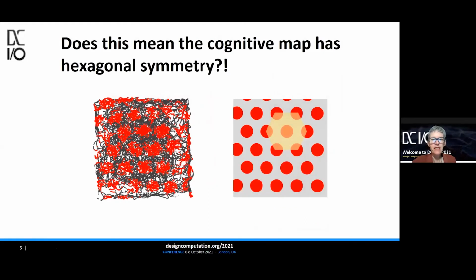And the thing that was immediately noticed is that there's a kind of hexagonal symmetry to the pattern. So this is a pattern that's well known in mathematics called hexagonal close packed. And it's the pattern that you get if you try and fit round things as closely as possible together. They will arrange themselves into this very orderly arrangement where each of the units, whatever it is, a tennis ball or an orange or a circle or a grid cell field, is surrounded by 6 others of the same size.